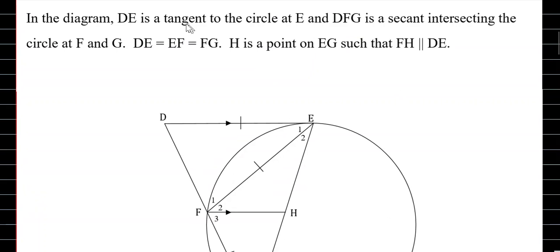So here, since we are given a tangent, there is a theory behind the tangent, and also we are told that there are parallel lines, so there is theory also behind parallel lines.